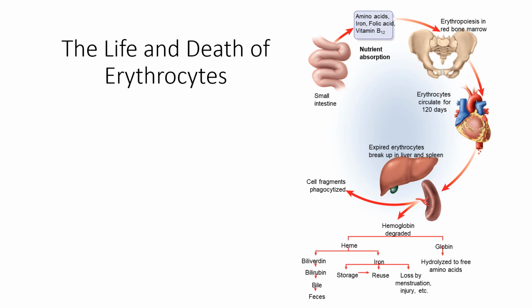Remember what phagocytosis means, meaning cells eat things up. So any of the fragments that are not hemoglobin will be taken up by cells that perform phagocytosis, like macrophages. And then the hemoglobin will be degraded separately.